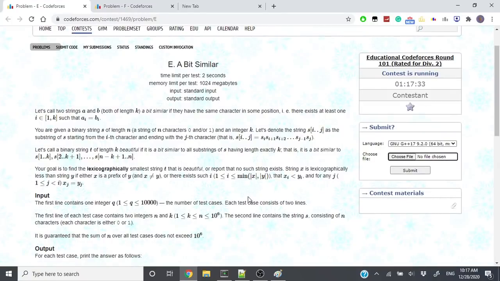Great. Let's call it a string problem and a bit string problem. Let's call two strings A and B, both of length K, a bit similar if they have the same character in some position. There exists at least one I such that A_I is equal to B_I. You have a binary string S of length N, an integer K. Let's denote the string S[I..J] as the substring of S starting from the ith character and ending with the jth character.